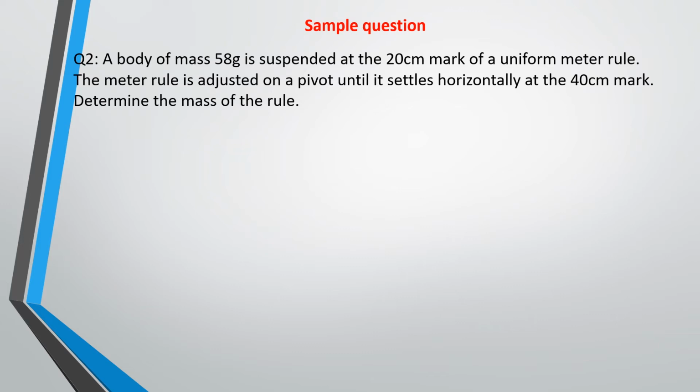So let's draw the rule first. That is the first thing that you need to do. Okay, so this is the rule. So assuming we are taking measurement from this end A, it means that from 0 to 20, that is where we are suspending the body.